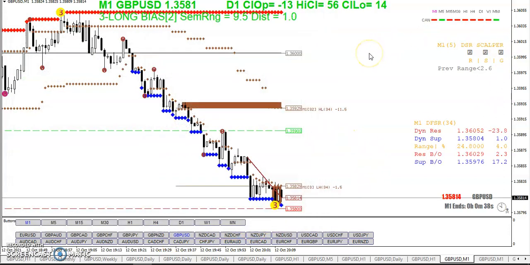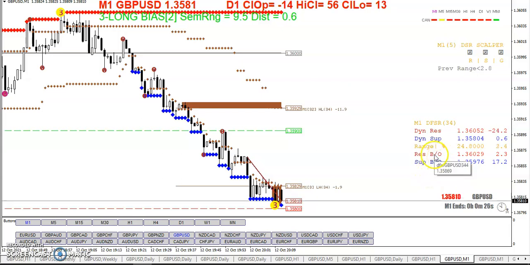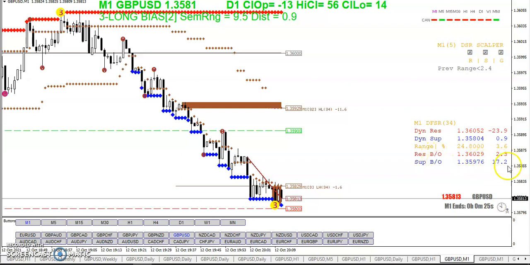Because I made that modification and I put a video out about it. And I actually made another one today, so I'll have to do another video. But the resistance breakout, support breakout.